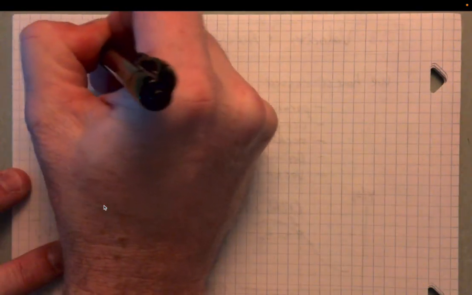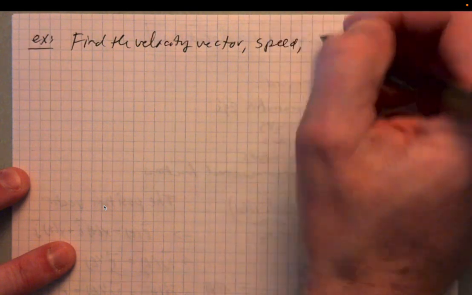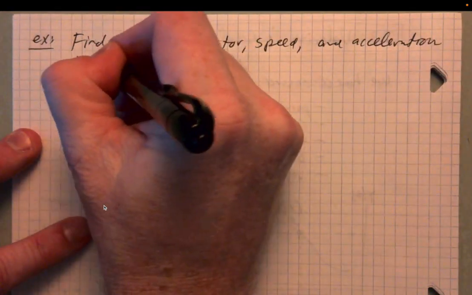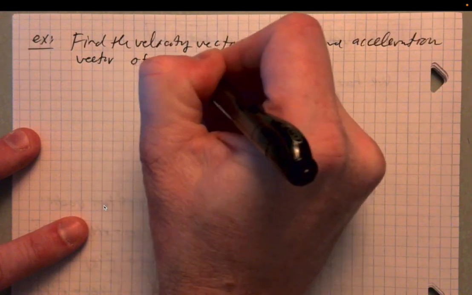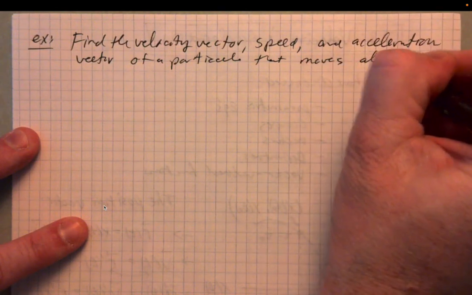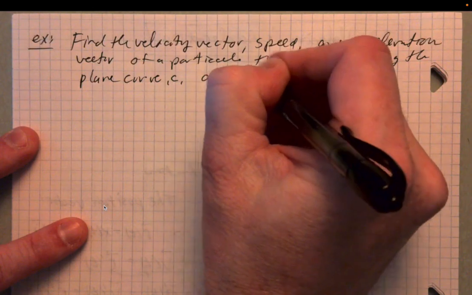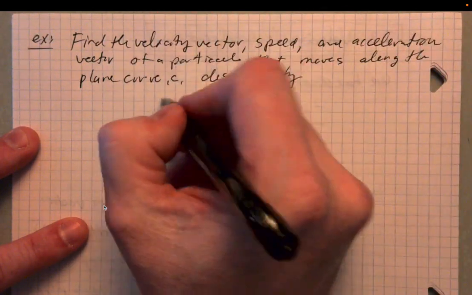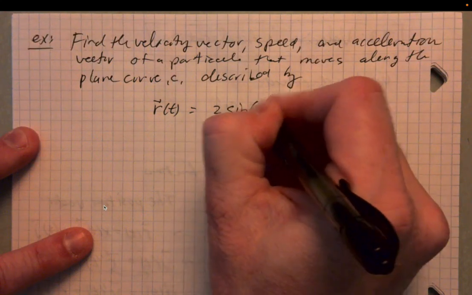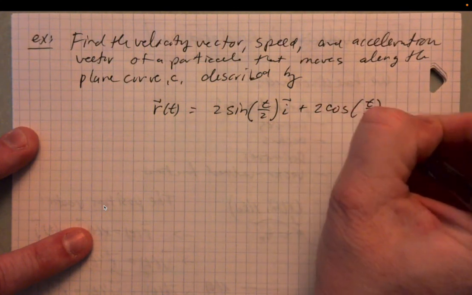Let's find the velocity vector, the speed, and acceleration vector of a particle that moves along the plane curve, we'll call the plane curve C, described by, and here's our position function, r of t equals 2 times the sine of t over 2 times i plus 2 times the cosine of t over 2 times j.